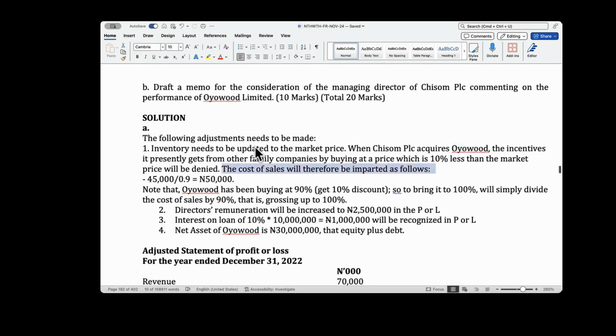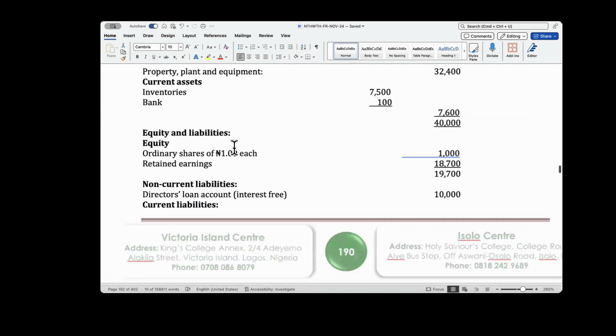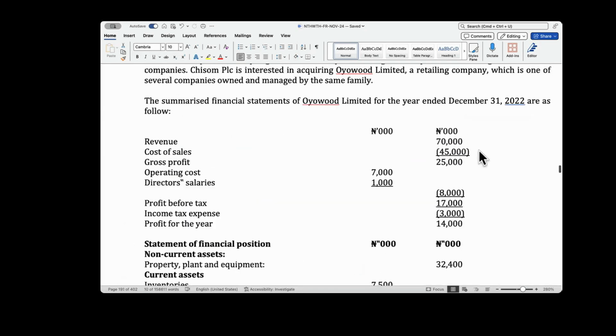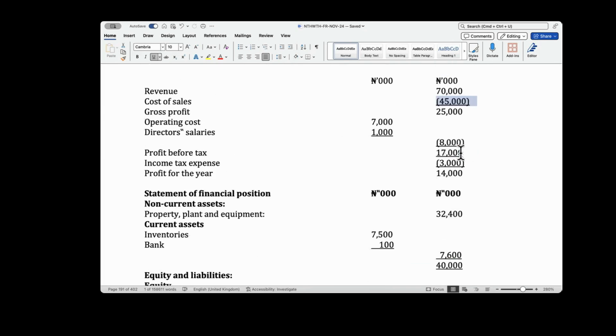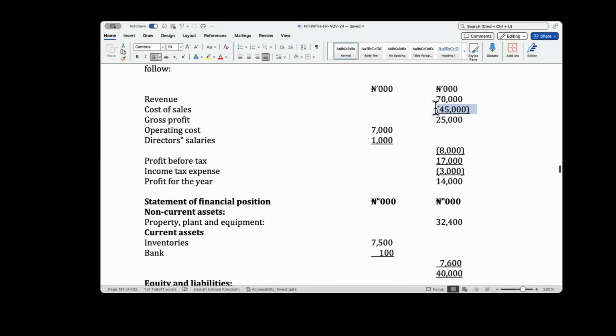You see, in the P&L, the cost price they gave me is 45,000. And I know that this cost price is lower because this guy has been getting goods at a reduced price. So this cost price is like at 90% because he gets these goods at 10% less than the market price. So this 45,000 is 90%.